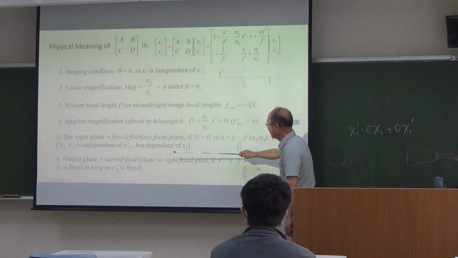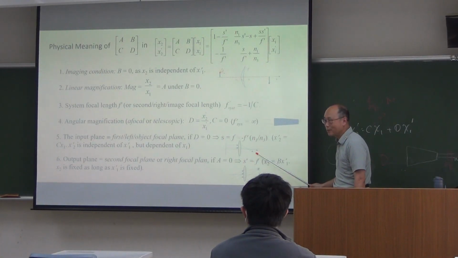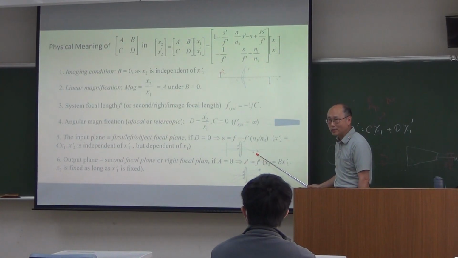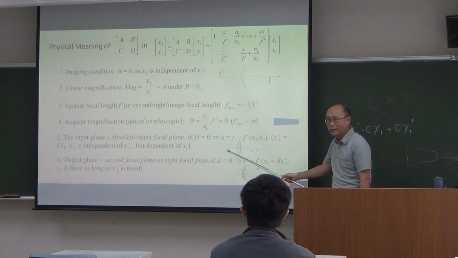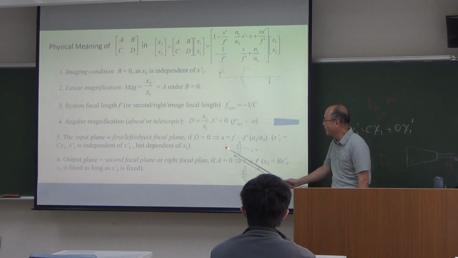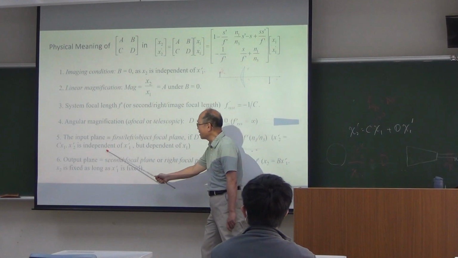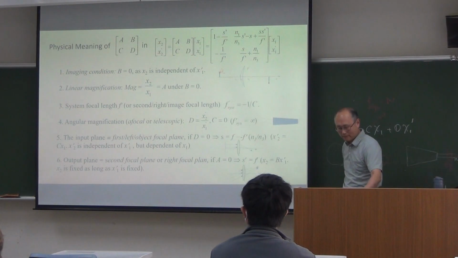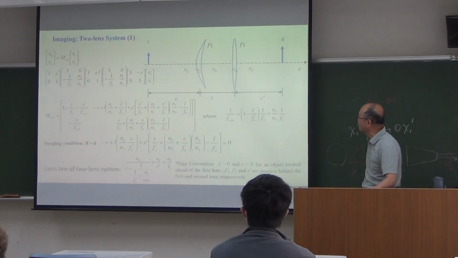We sort of use this statement to draw this cartoon, and then argue that the input plane is a focal plane, the left focal plane. But now we can also draw another cartoon based on this argument. Let's do it. That is, x2 prime independent of x1 prime.